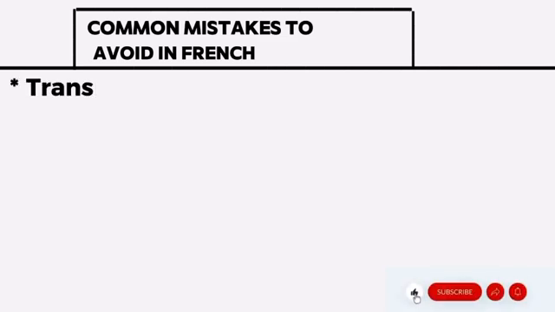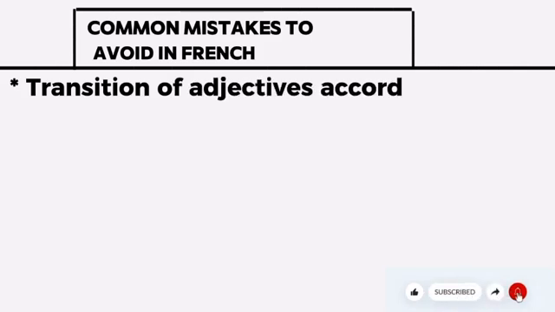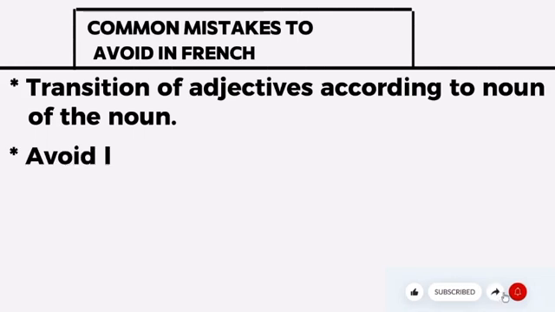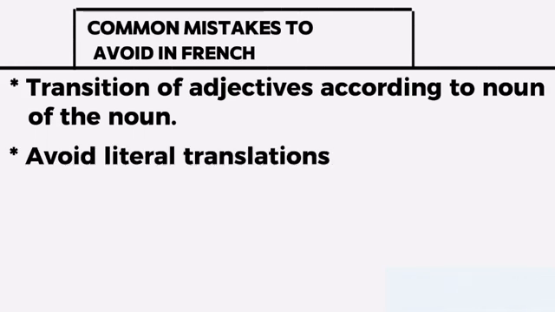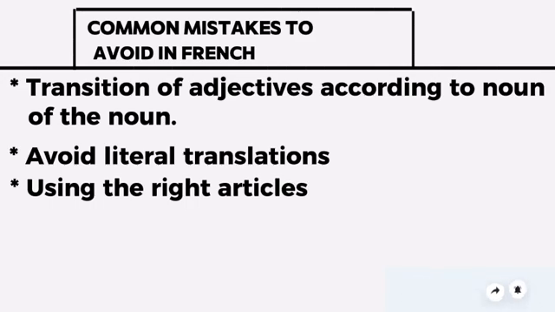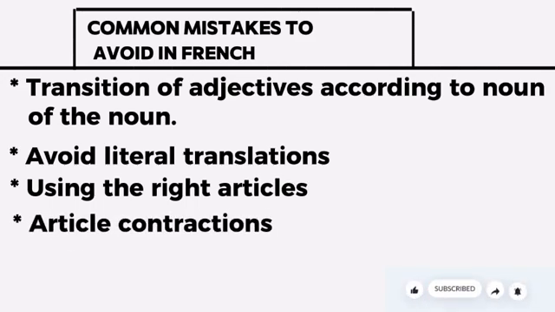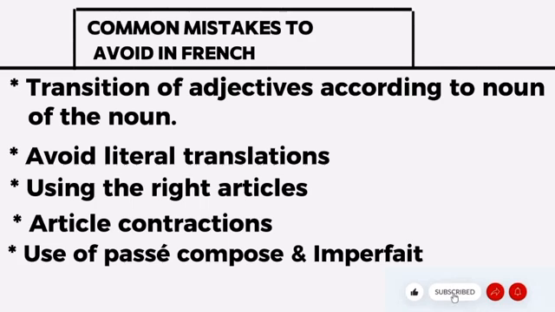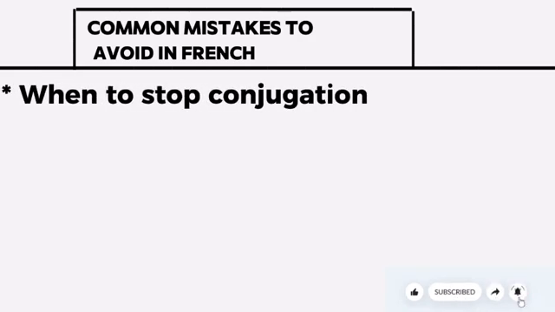1. Transition of adjectives according to noun gender. 2. Avoid literal translations. 3. Using the right articles. 4. Article contractions. 5. The use of passé composé and imparfait. 6. When to stop conjugations. 7.